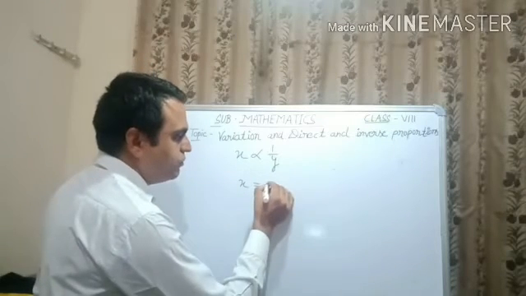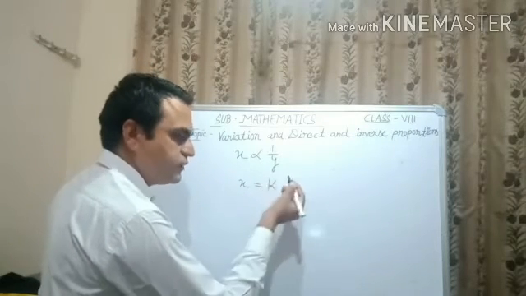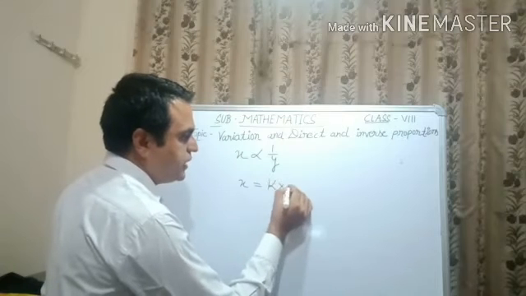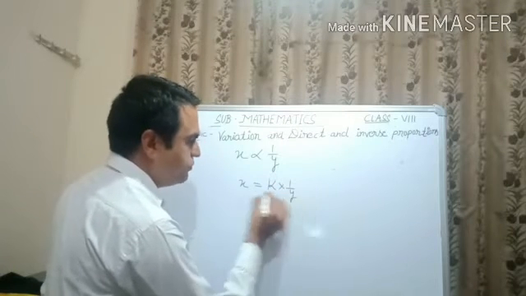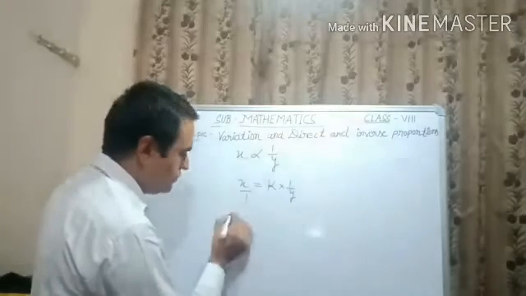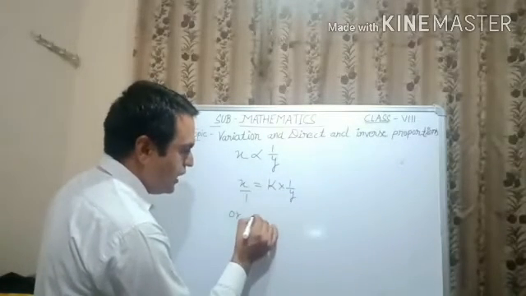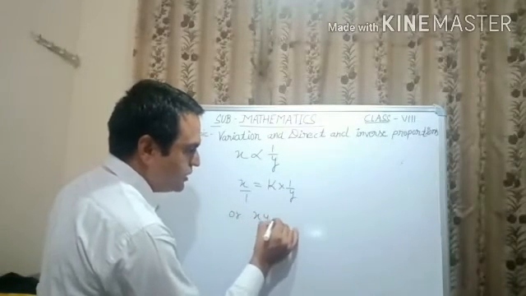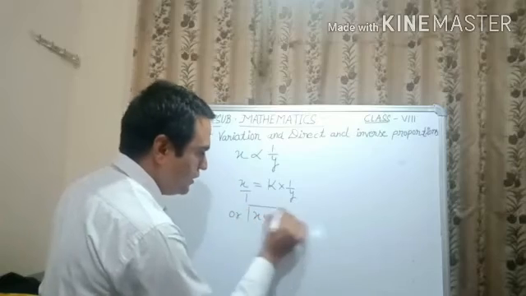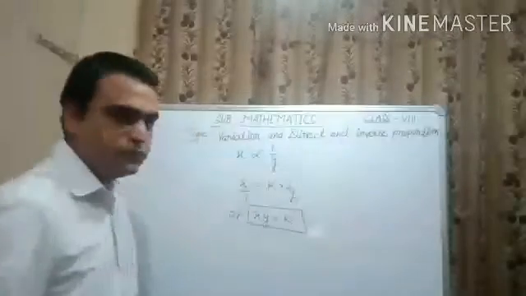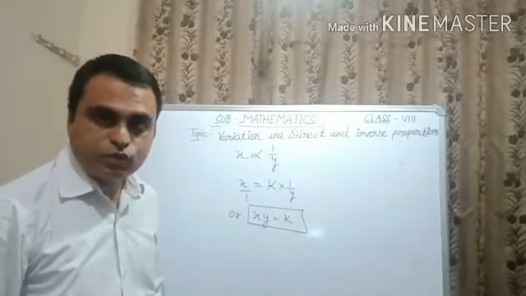Now we multiply by a constant, that is, x equals k into 1 upon y, or we can also say that x into y equals k.